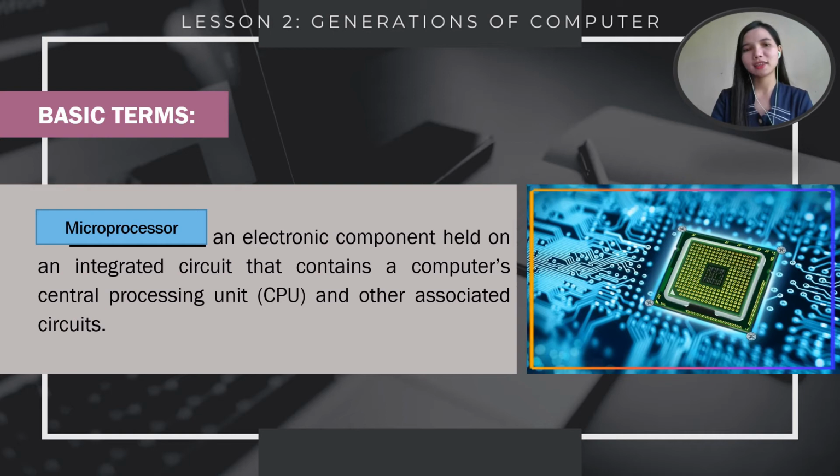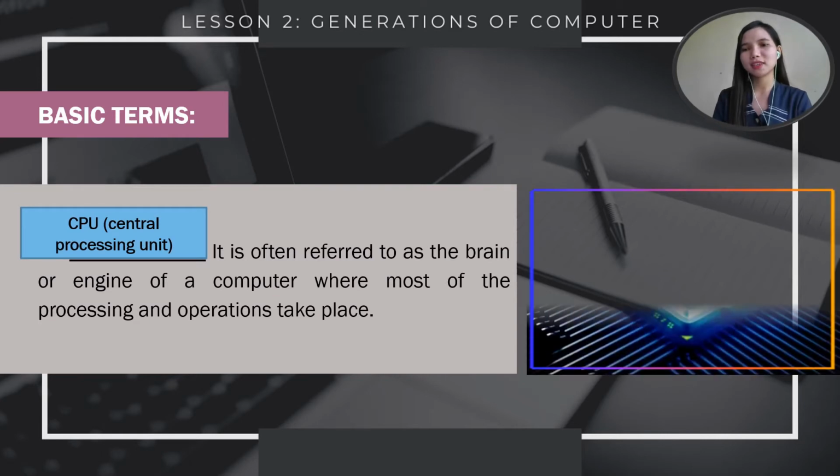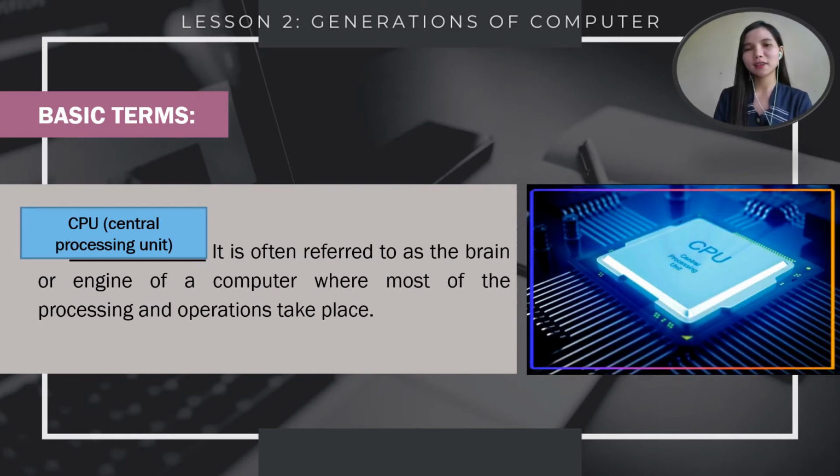Inside that is the central processing unit. It is often referred to as the brain of the computer or the engine of the computer, where most of the processing or operations take place. It is a part of the microprocessor, guys.